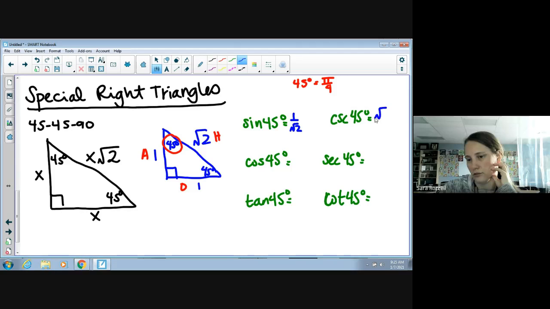Square root of 2 over 1. Okay, so good. We do need to rationalize the first one. So we do root 2 on top and bottom. So that ends up being square root of 2 over 2. And we don't really need the 1 on the bottom of the cosecant. It can just be written as square root of 2.